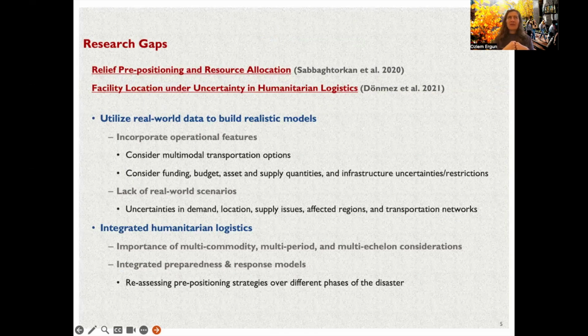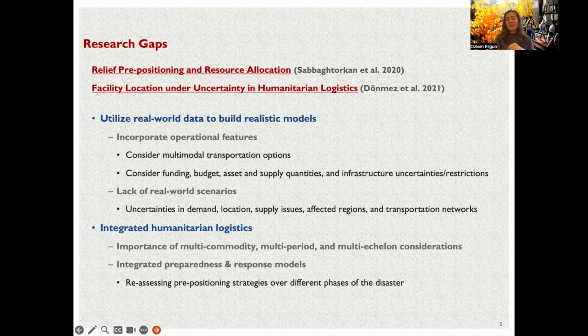To summarize, there is a need for building data-driven models that actually do account for real-world constraints, real-world issues, and use the data that comes from the real world to actually build recommendations using these models. To do that, we have to build real-world scenarios that reflect the real world, including all of its risks and risk profiles.